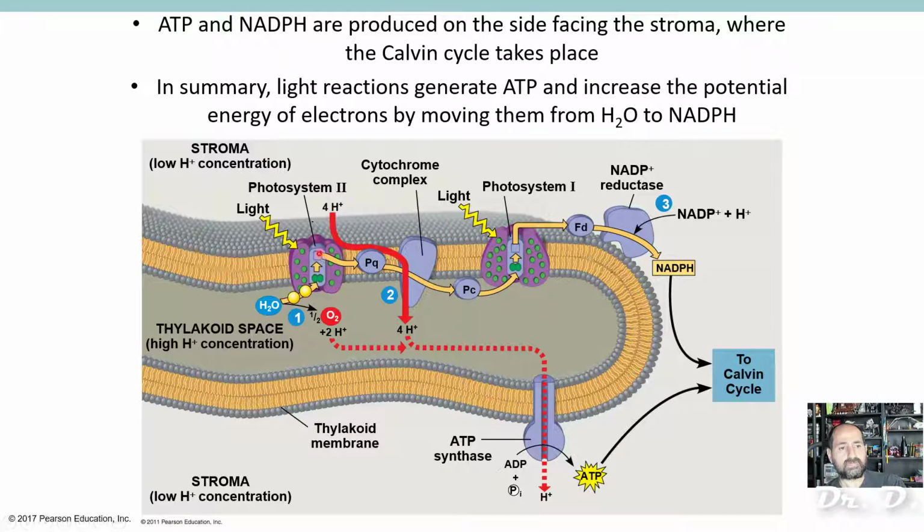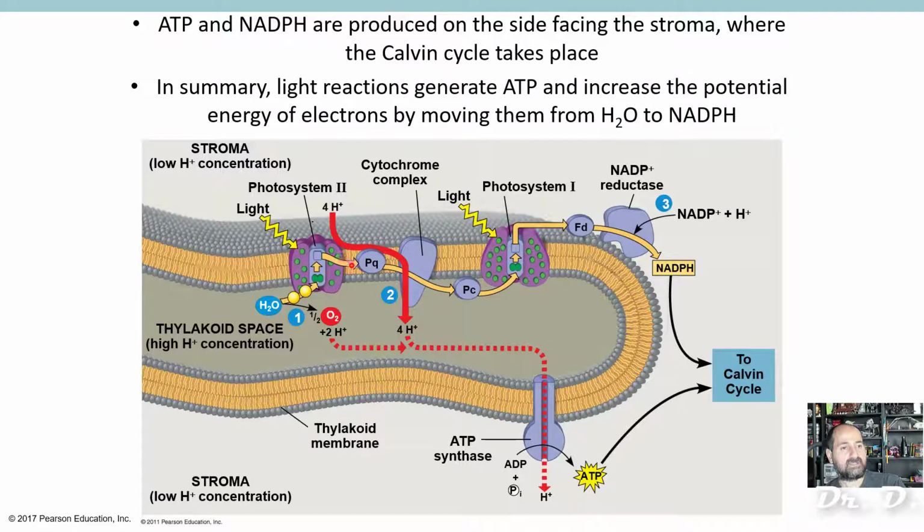Now, the electrons moving through this structure, PQ, cytochrome complex, and PC, this is called the electron transport chain. The spontaneous flow of electrons through this electron transport chain provides the energy that cytochrome complex needs in order to pump protons across the membrane.